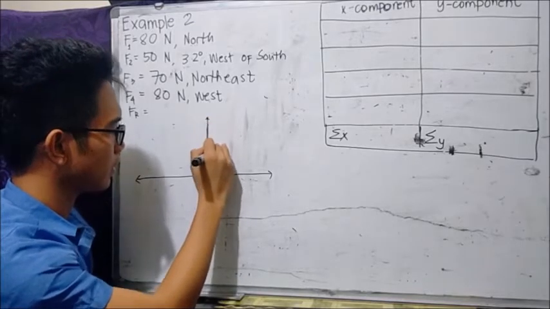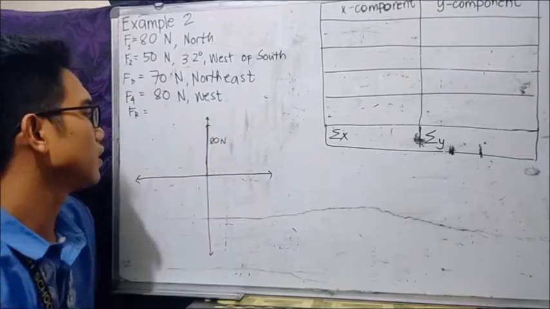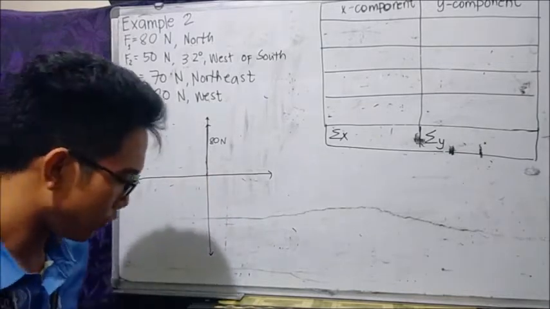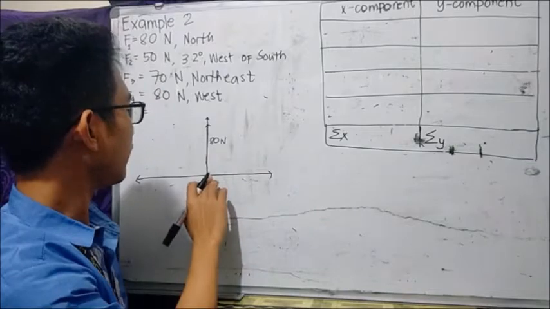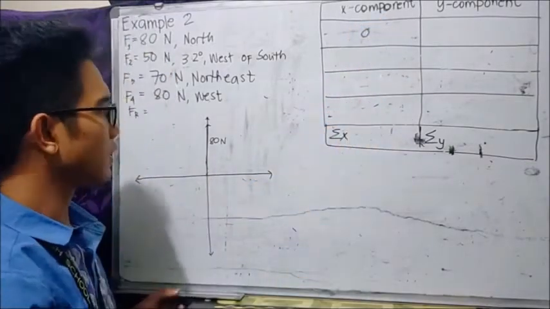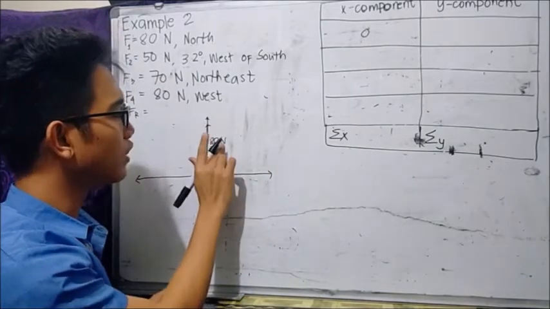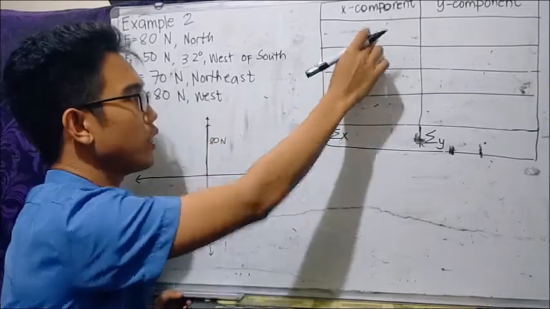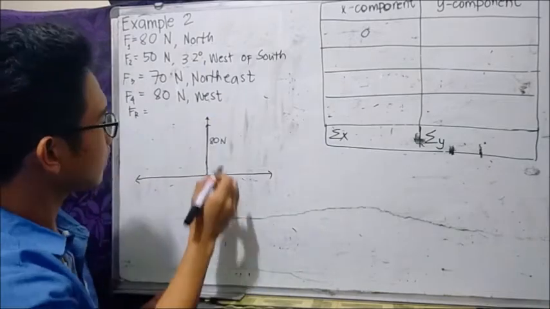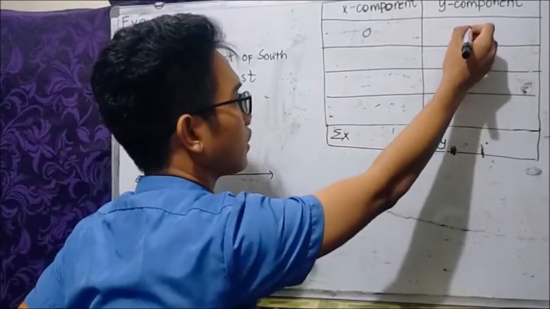The magnitude is 80 Newton, and it has 0 x component, because that is equal to 80 cosine 90 degrees, and that is equal to 0. Now how about the y component? Since that is 80 Newton, the y component is 80.